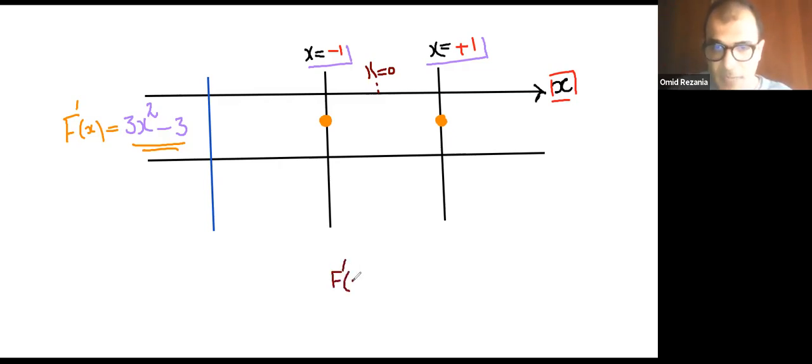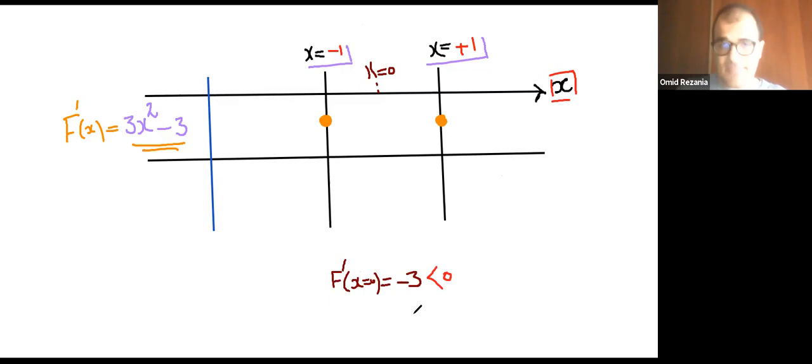Then f prime of x at 0 becomes what? It becomes -3, because 3 times 0 becomes 0, and then you minus 3, it's -3. This is a negative number, correct?